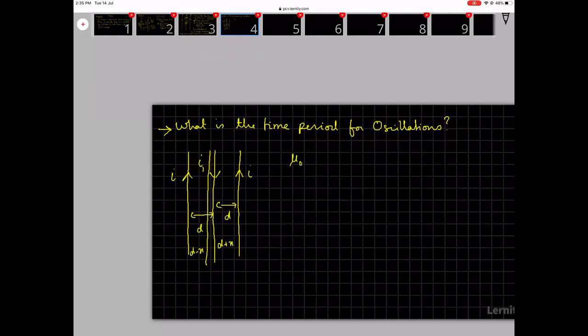So can I say mu naught I1 by 2 pi (D minus X) is one force. The other force is mu naught I2 by 2 pi (D plus X), right? So this is the net force acting on it.